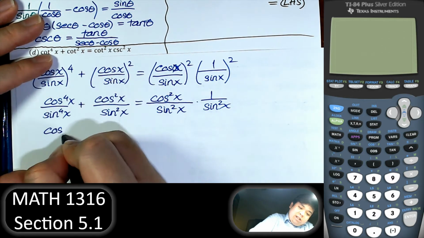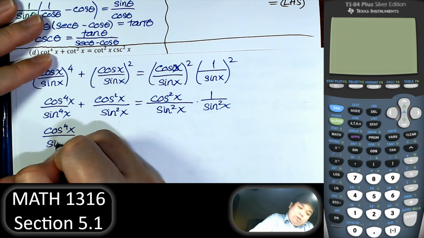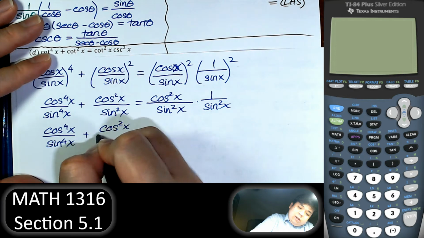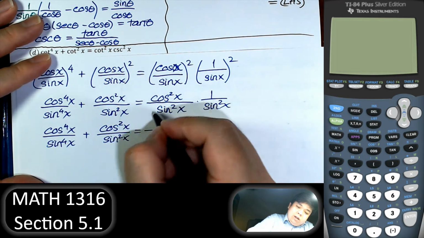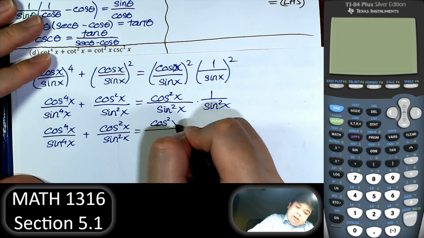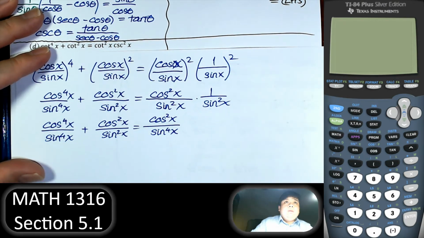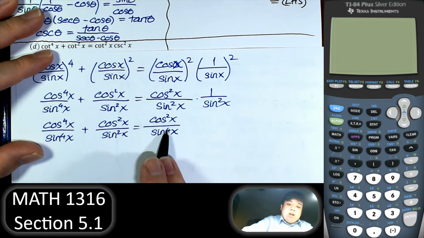Don't forget the x. 4th power, sine to the 4th, cosine square, sine square, and then cosine square, sine to the 4th power. Sine square times sine square is sine to the 4th.